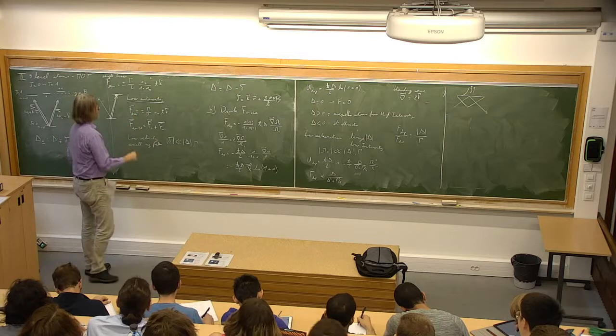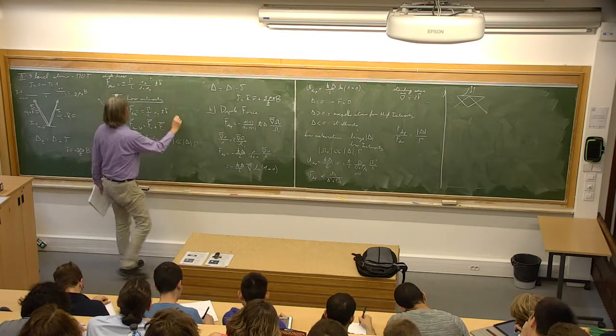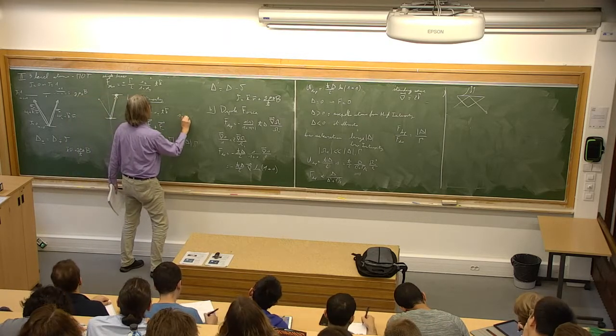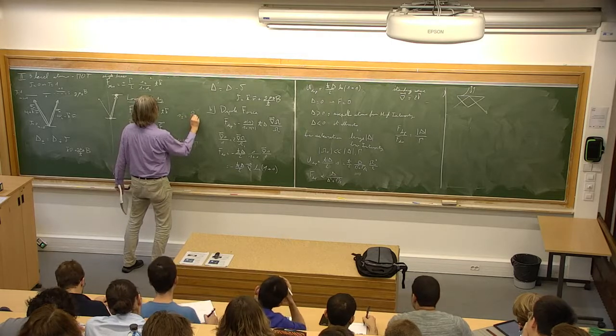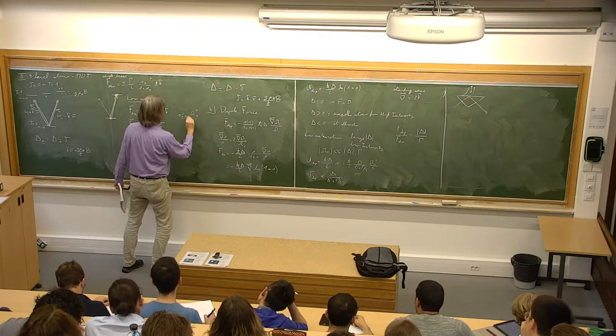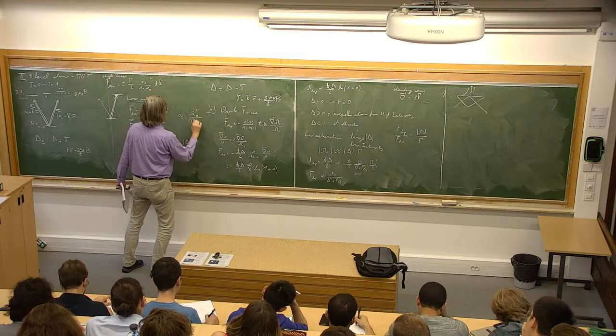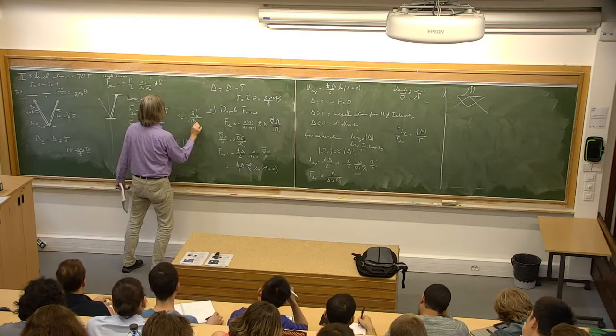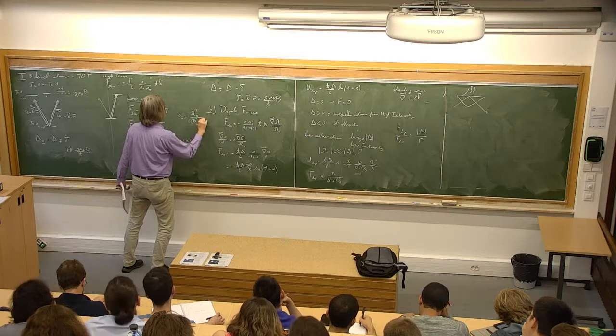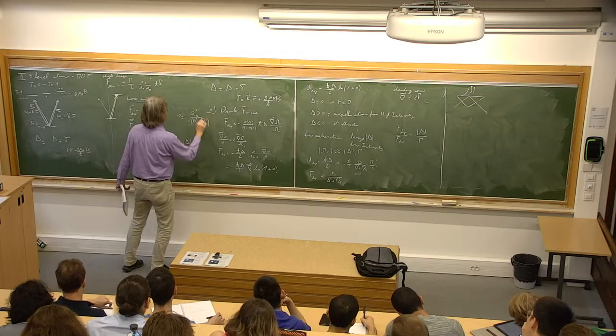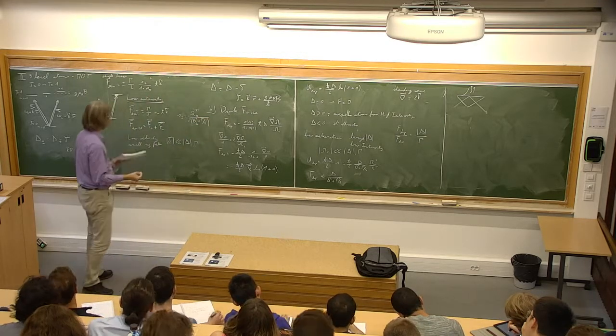I will make some expansion, because this S plus or minus is just omega plus or minus squared divided by 2, over delta plus or minus squared plus gamma squared divided by 4.